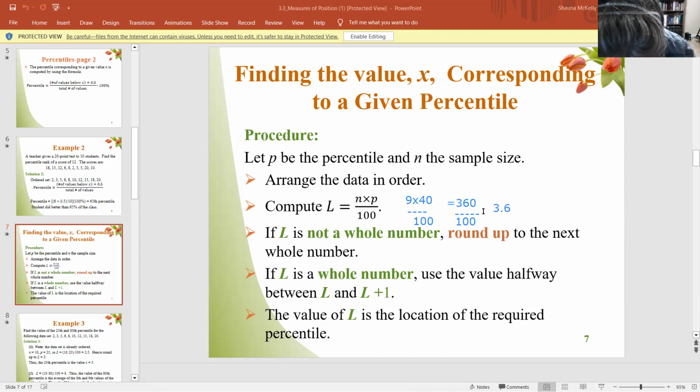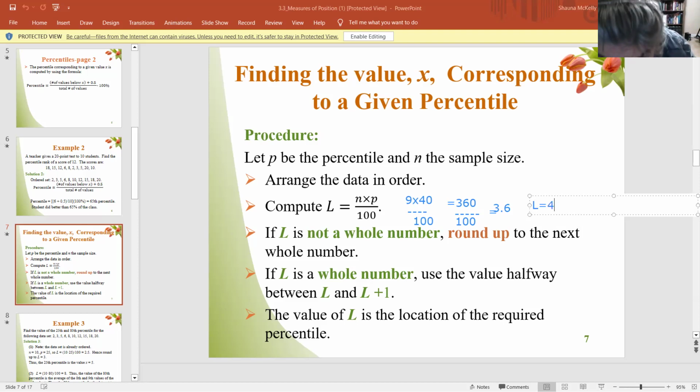So we're going to follow the rule in our list, which distinguishes whole number versus not a whole number. If you look at the third bullet, you round up. So that means our location in this case is equal to 4.